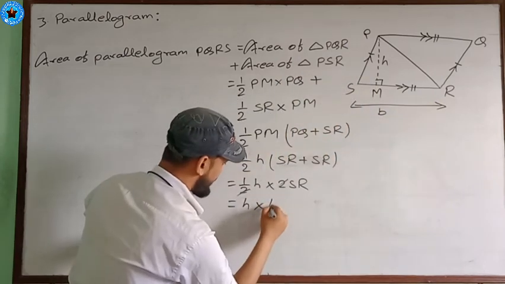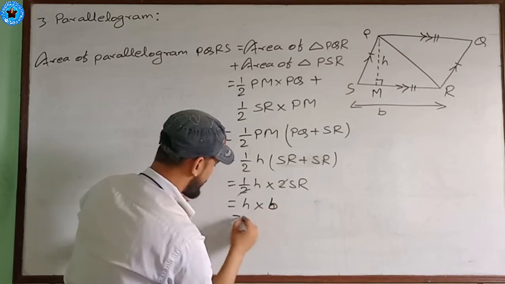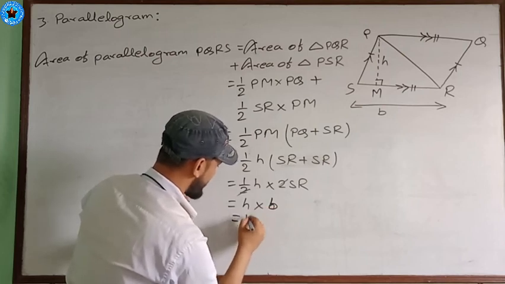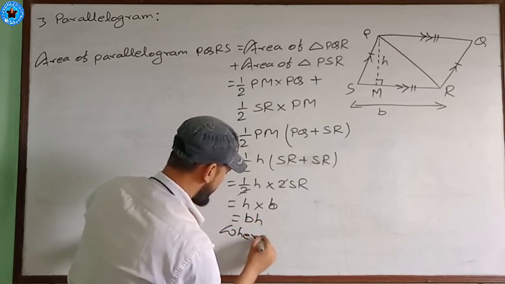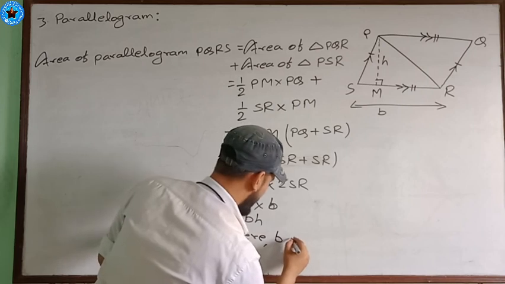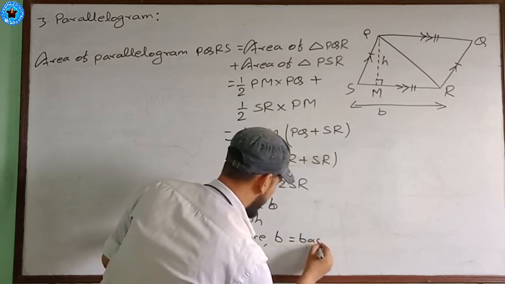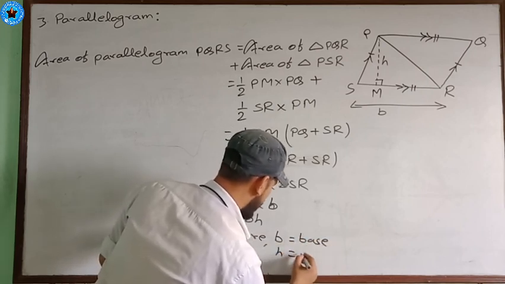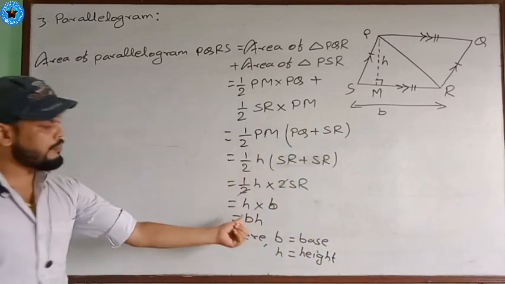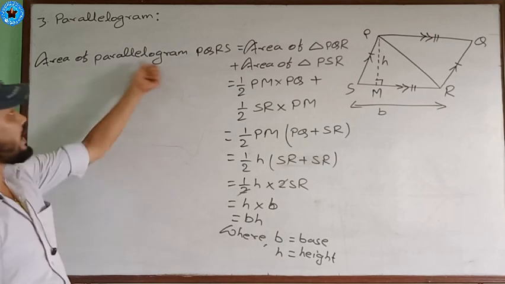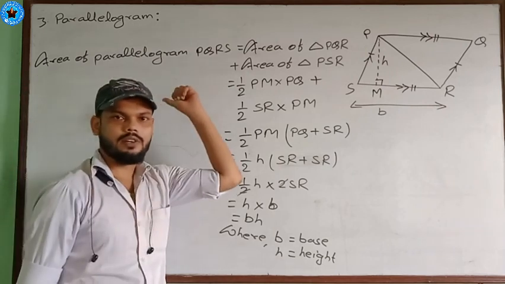So the area is B times H, where B equals base and H equals height. So base into height is the area of a parallelogram. Okay, thank you class.